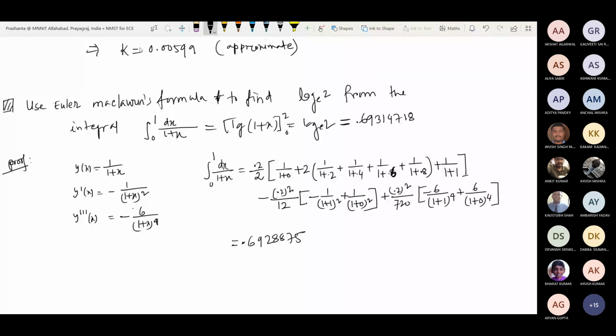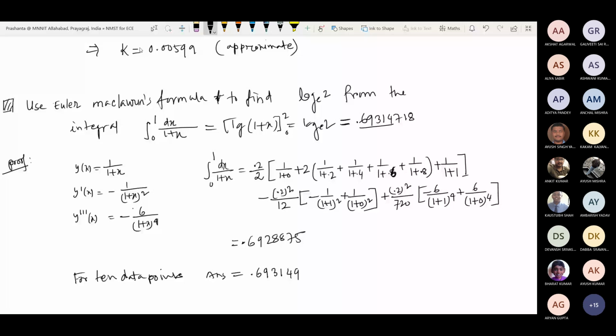For 10 data points, your answer will be 0.693149. So you see that is correct up to 5 decimal places.